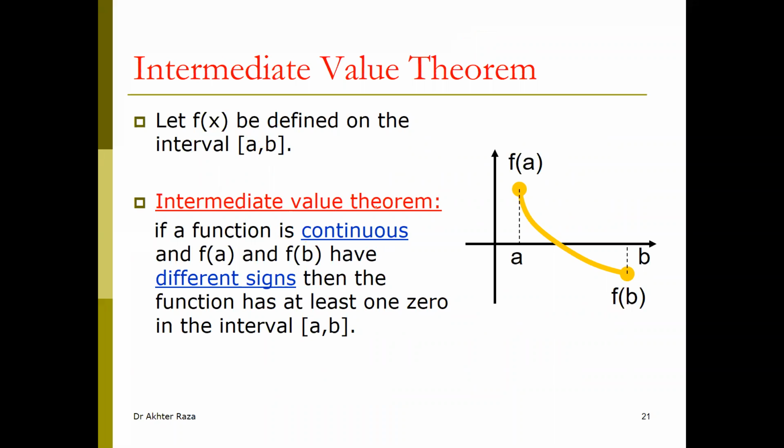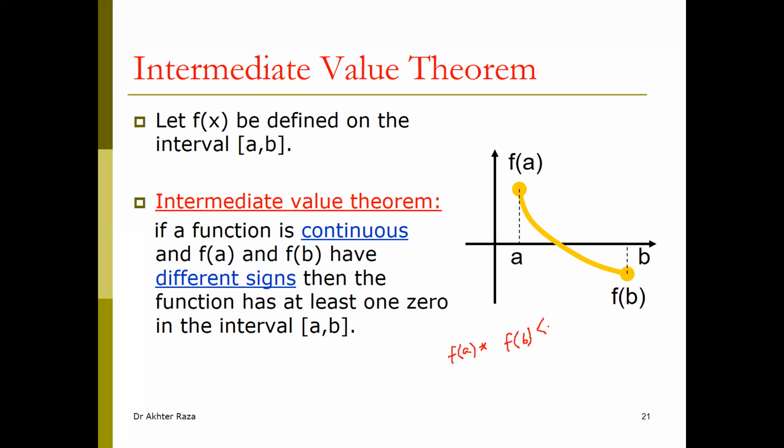The intermediate value theorem says what? f(a) is the value of the function at point a, and f(b) is the value of the function at point b. The root will exist if the product is negative.